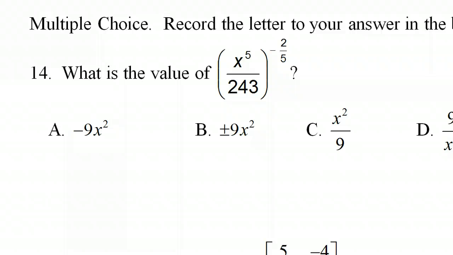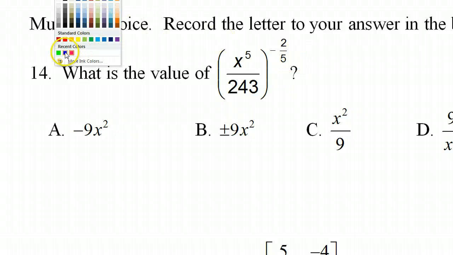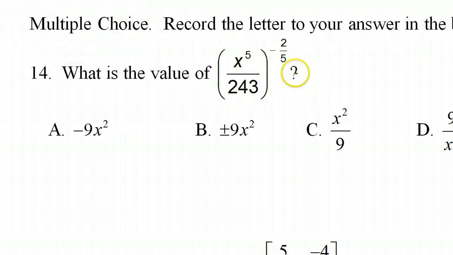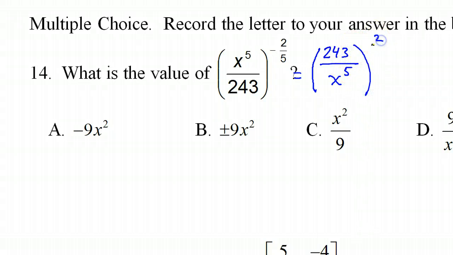Oh, I got a little multiple choice going on. Okay, well, we have learned that if you have a negative power on a fraction, the easiest thing to do is to do the reciprocal and make it a positive exponent. So this would quickly become 243 over x to the 5th power, and then that's to the 2/5 power.